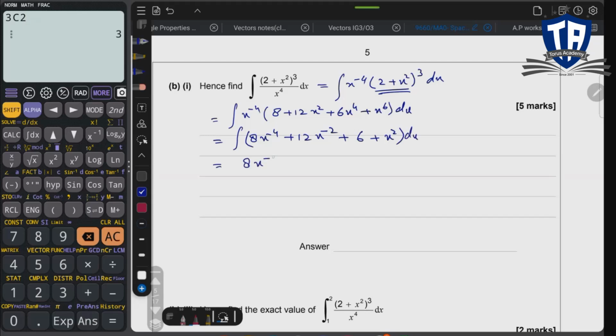The integral rule says that we add 1 to the power and we divide by the resulting power, writing it in the denominator.